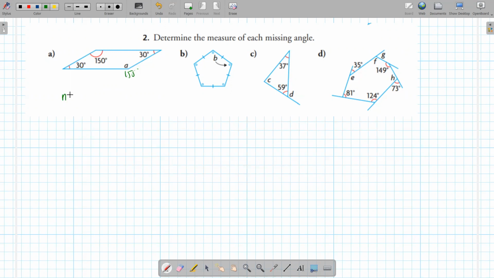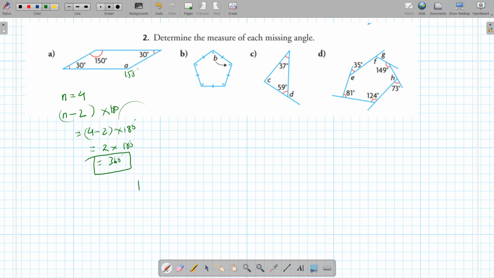4, right? So n is equal to 4. And we know the sum of the interior angles is n minus 2 times 180. So 4 minus 2 times 180, so the total sum of the interior angles is 360.